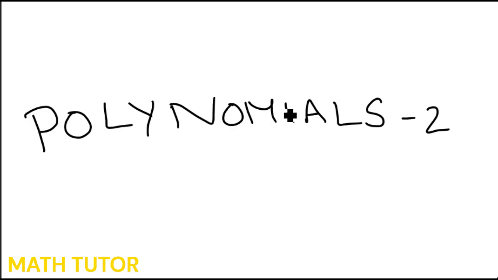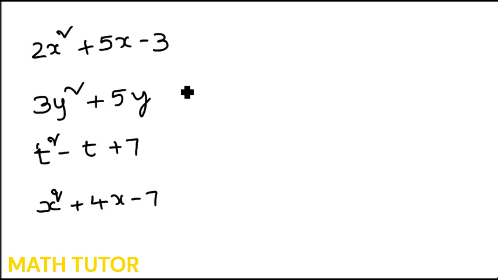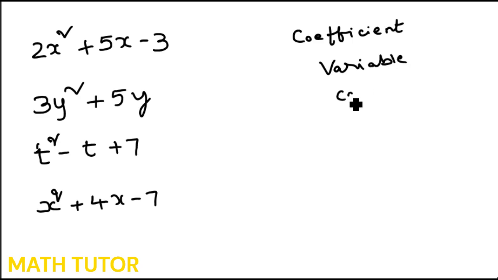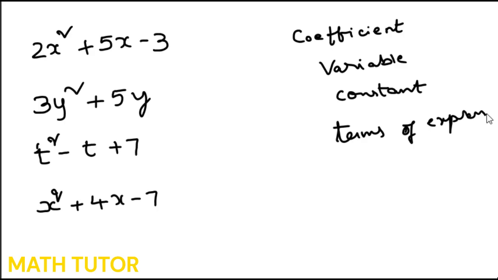Today we are going to learn polynomials. This is in continuation of the first part of the polynomials. In the last class, what did we learn? We learned what a coefficient is, what a variable is, what a constant is, the terms of an expression, and what a monomial, a binomial, and a trinomial are.